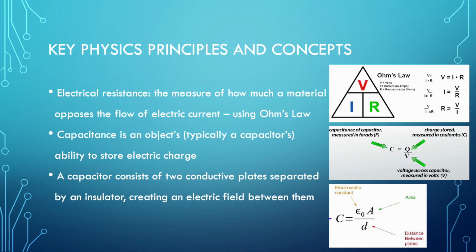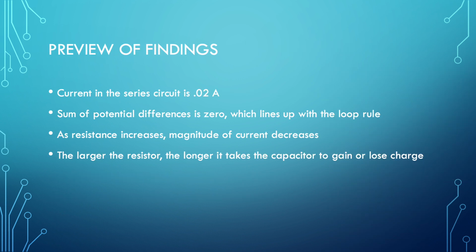And finally, a capacitor consists of two conductive plates separated by an insulator, creating an electric field between them, and the formula for that is C equals epsilon naught, which is the electrostatic constant, times the area divided by the distance between the plates.